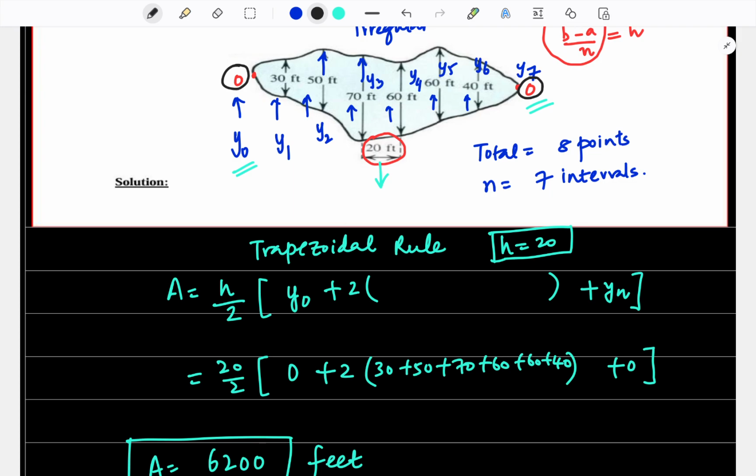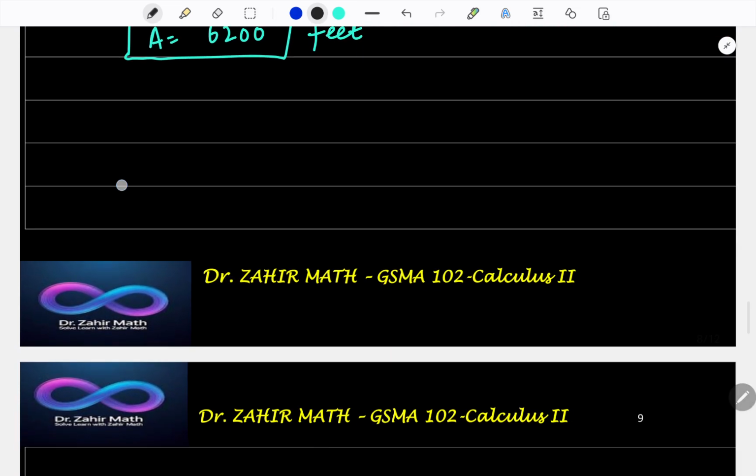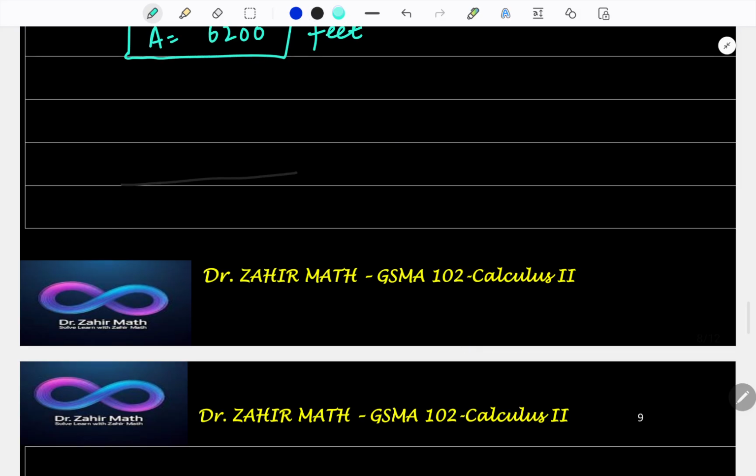I always say to the students, trust Simpson's rule more, especially when the curve is smooth and not straight. So this finishes your numerical integration, and this finishes your module 1 also.